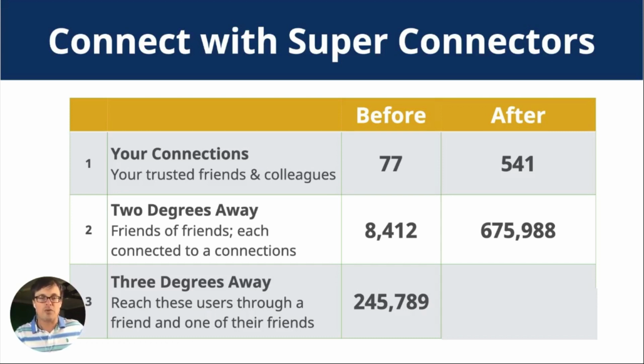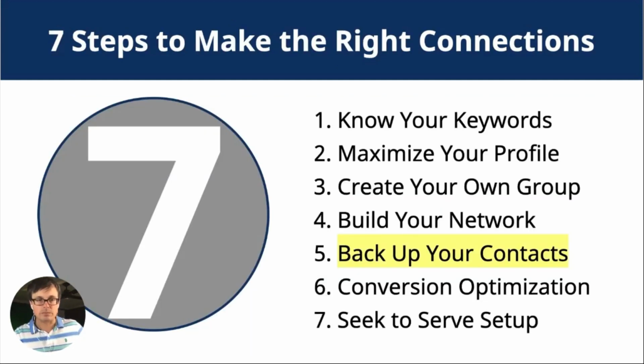All of a sudden, we went from 8,400 in 2nd level to 675,000. But even bigger, friends of friends of friends, 47 million. This, folks, is why you want to know what a Super Connector is and connect with them, and then also become one, a Super Connector, that is.